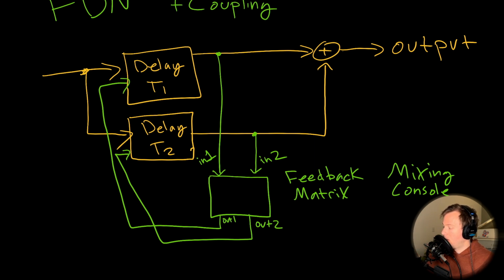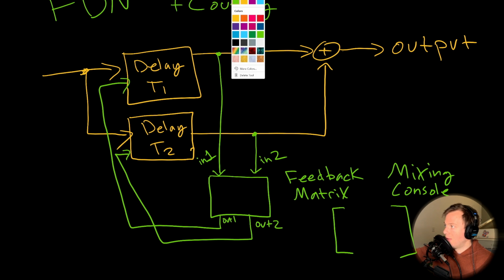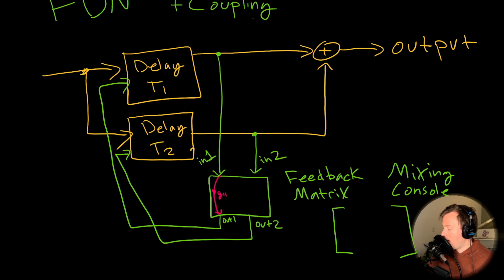Traditionally, in math, we write matrices in brackets with all these numbers like 1, 7, 5, 3. But all those numbers mean is that in our little black box, which is kind of like a mixing console, we have some connection from the first input to the first output. And there's some gain inside of it, like G11, that changes the volume. That's what this first number means.